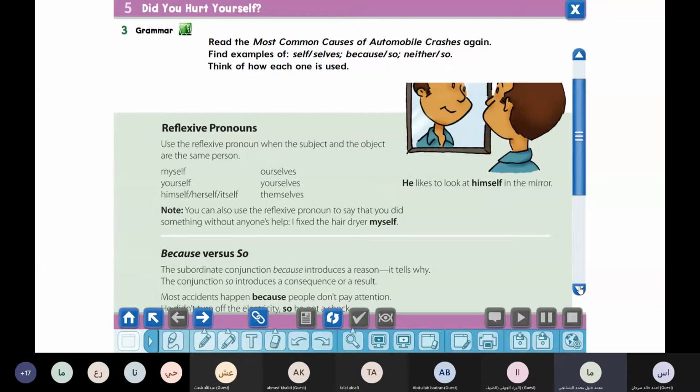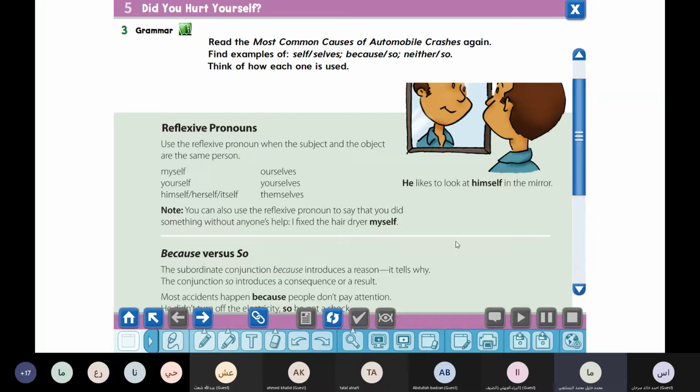These pronouns are myself, yourself, himself, herself, itself. These are the singular pronouns. Ourselves, yourselves, themselves are the plural pronouns. Look at the example. He likes to look at himself in the mirror.